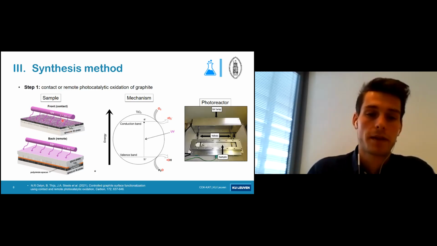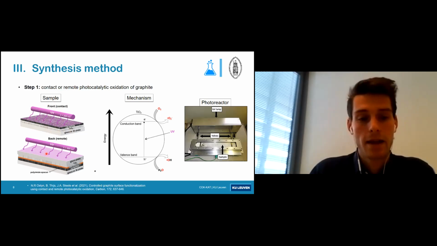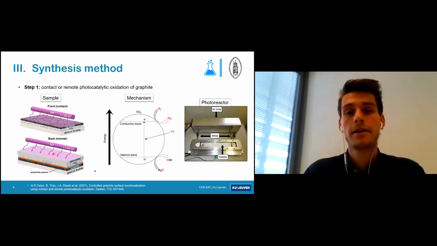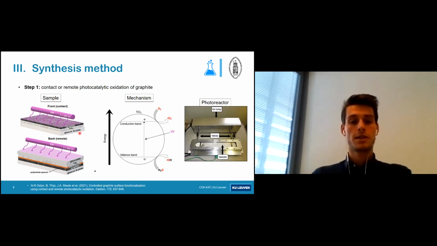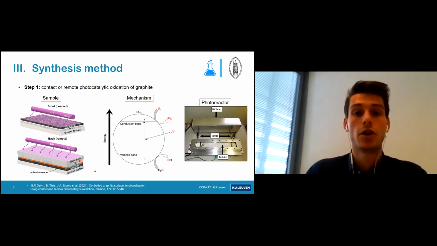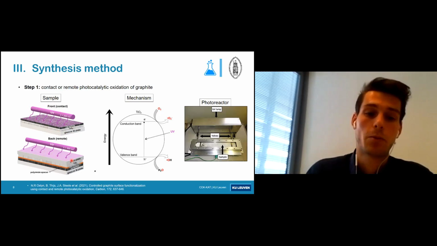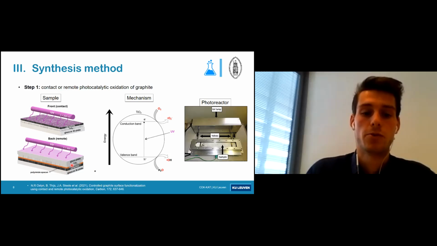Here you can see a contact mode setup. On the other hand, we also use the back configuration, which is actually reversed. The samples are different here because the titanium dioxide layer is on top of graphite, as you can see here in a remote mode setup. This is remote mode because there is a polyimide spacer material in between the 2 layers.